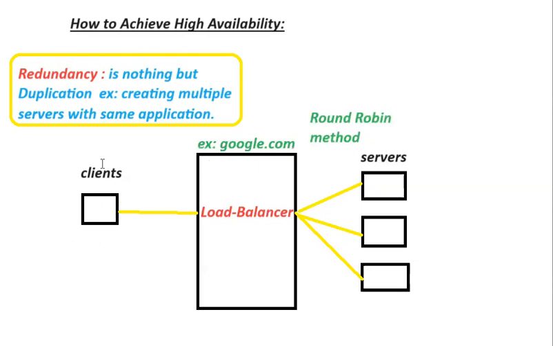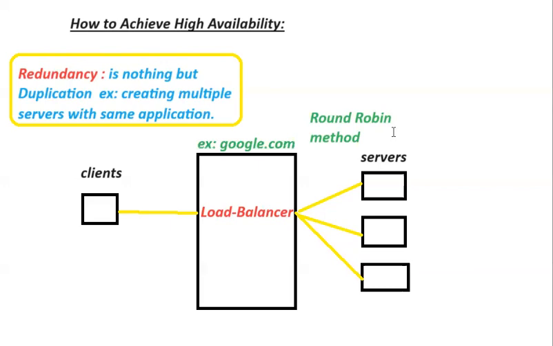Whenever my client hits this DNS, what happens? The traffic coming from the client is redirected to one of my web servers by using the round robin method. So this load balancer will distribute the traffic among the servers based on this method.